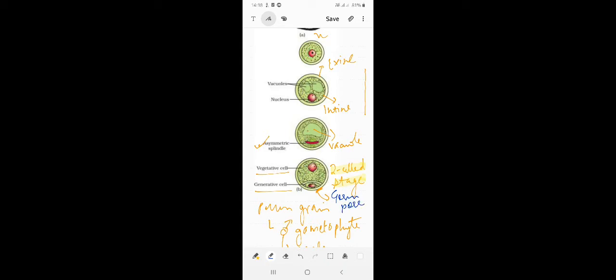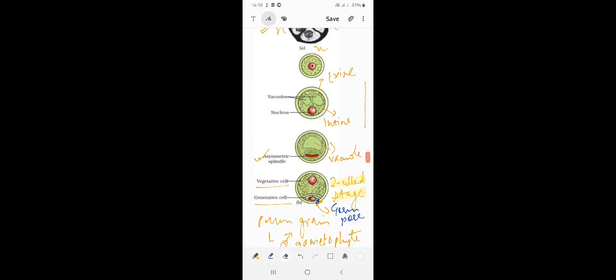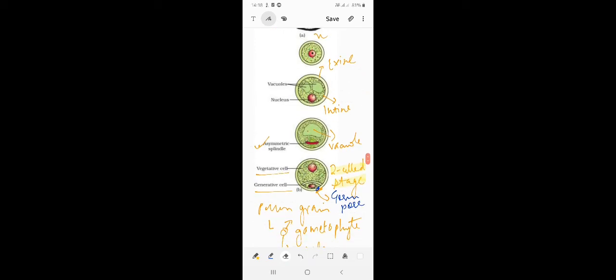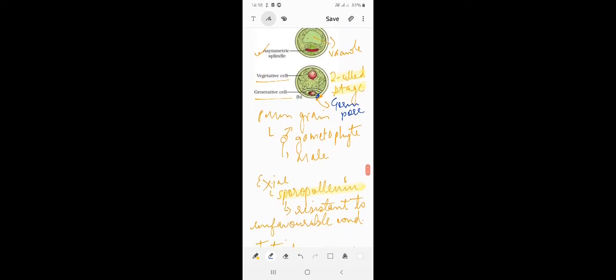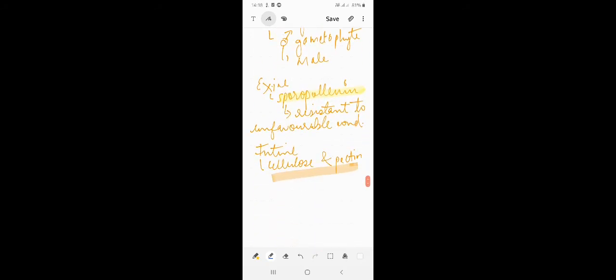So what is a pollen grain? Pollen grain is a male gametophyte. It consists of two layers, exine and intine. Exine is made up of a special protein, sporopollenin, which makes the pollen grain resistant to various unfavorable conditions, and because of that they can be preserved as fossils.